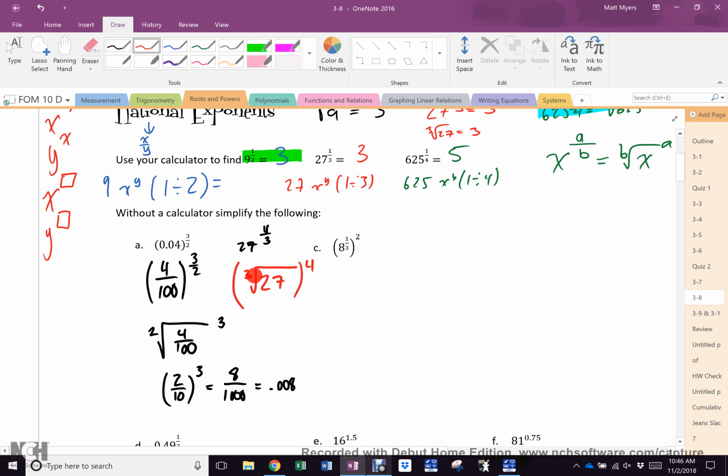What is the cubed root of 27? 3 to the 4th power, which is? What's 3 times 3? 9. What's 3 times 3 again? 9. So what's 9 times 9? 81. Is everybody good?